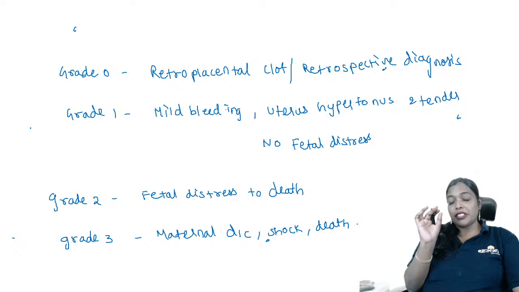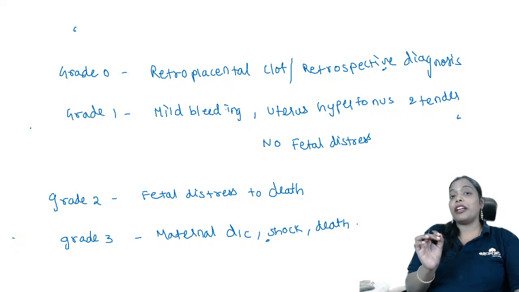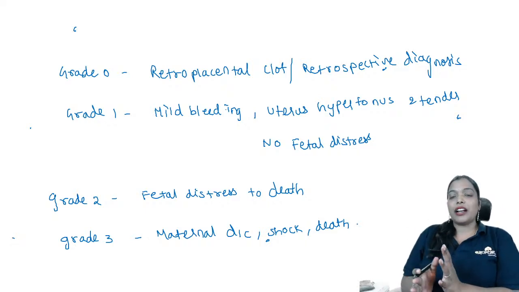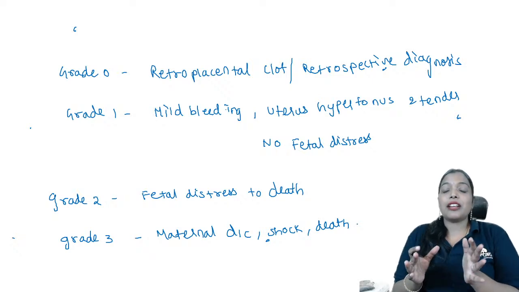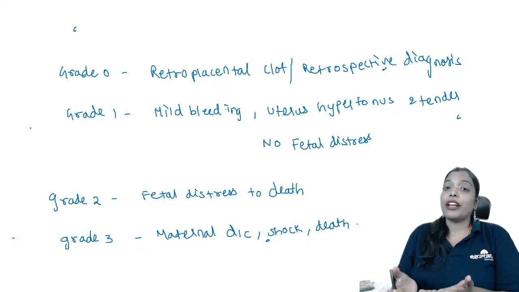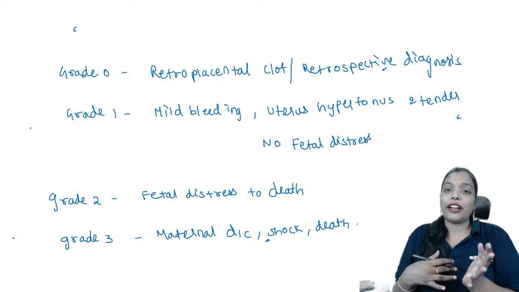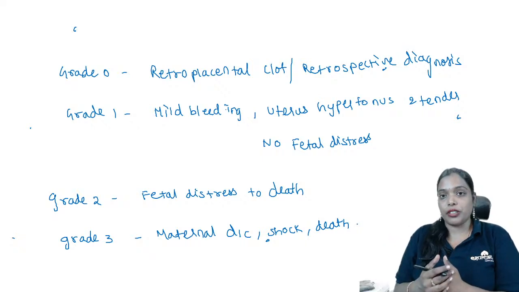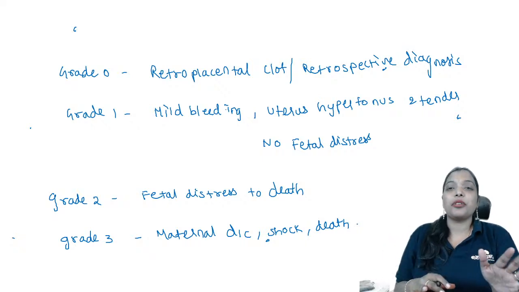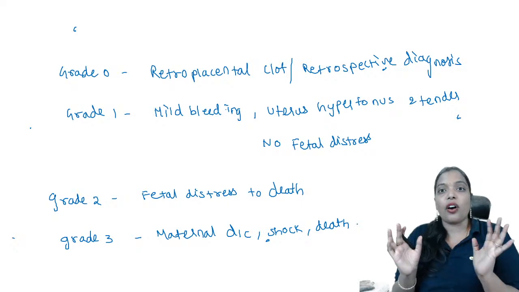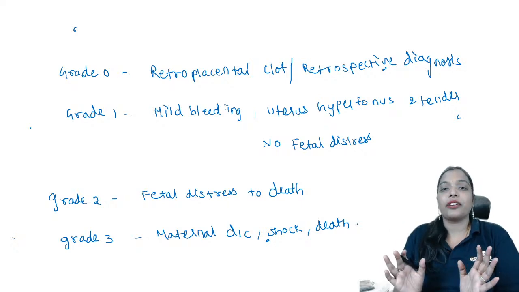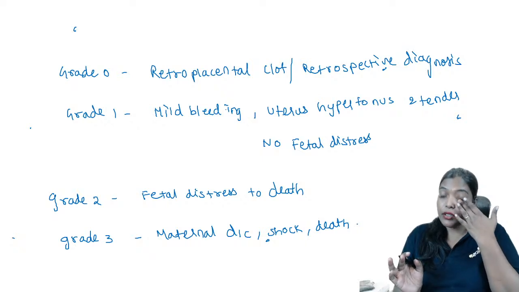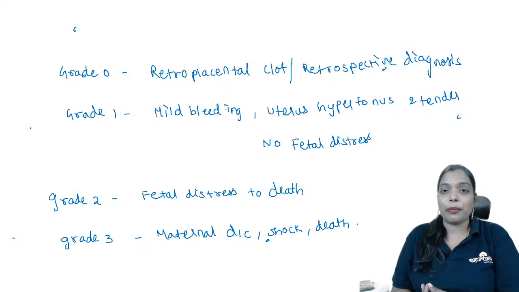First and foremost, the staging starts from grade 0. Many students think it starts from grade 1, but it starts from grade 0. So grade 0, later you find out that she had an abruption. Grade 1, only symptoms. Grade 2, baby gone. Grade 3, mother gone. So this is called the Page classification for abruption.